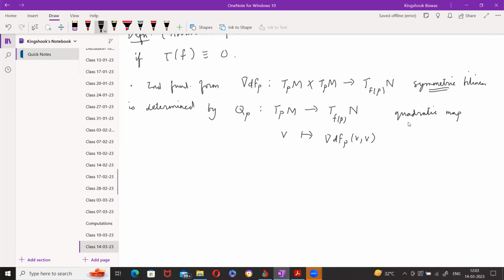This second fundamental form along the diagonal has a very simple geometric interpretation. So I have f from M to N, and let me take gamma to be a curve in M.